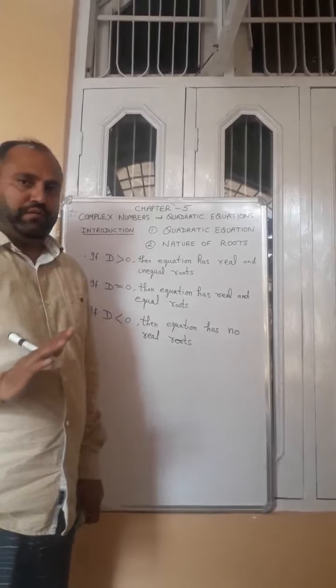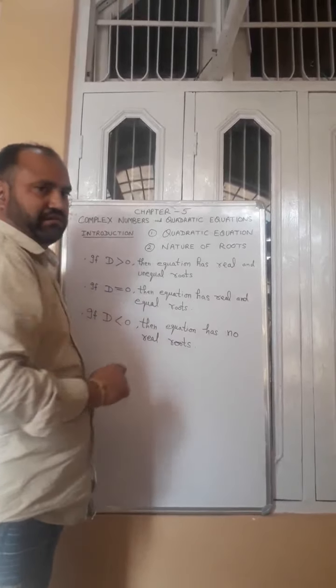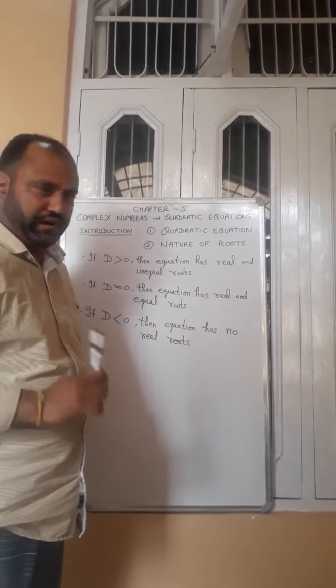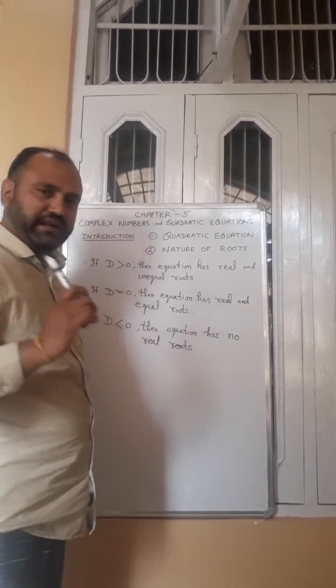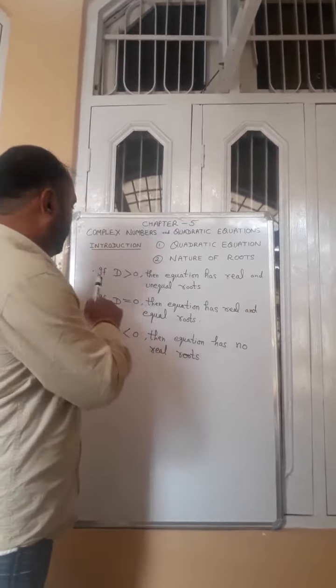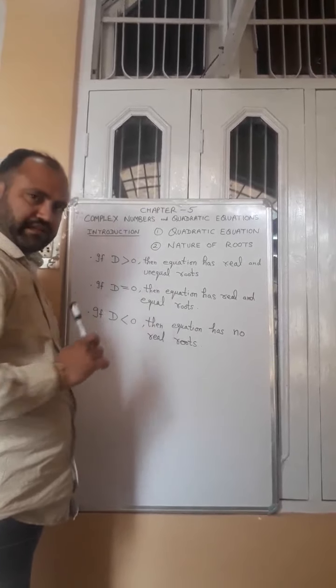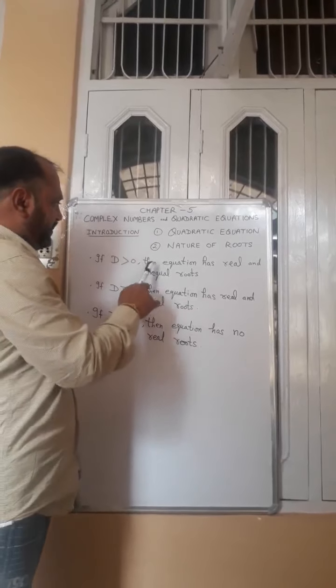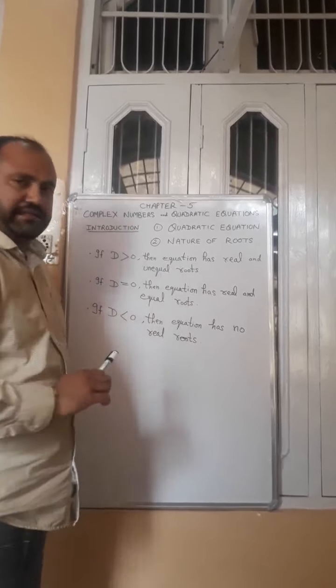You know what is the quadratic equation, how to find the roots of quadratic equations, and what are the nature of roots, right? If discriminant is greater than 0, then the equation has real and unequal roots.